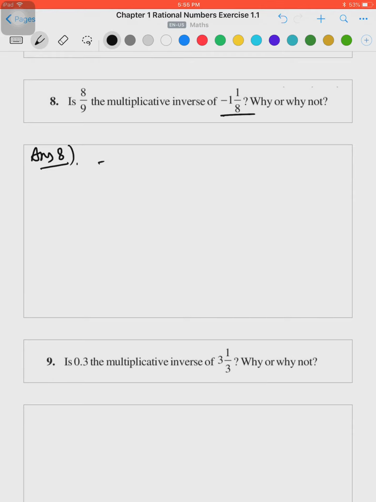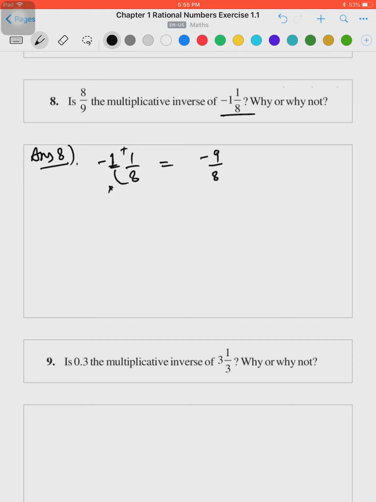So first we have to simplify this. Minus 1 plus 1 by 8 will result in, you have to combine these two: 8 into minus 1 is minus 8, and then plus 1, so it will be minus 9 by 8.